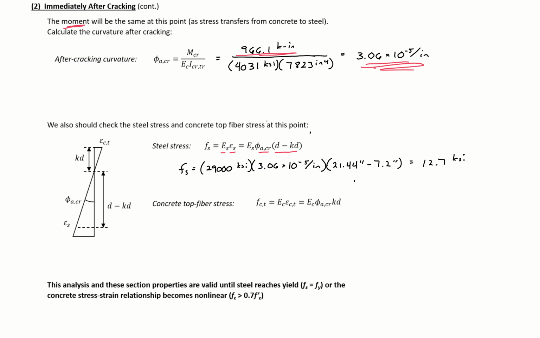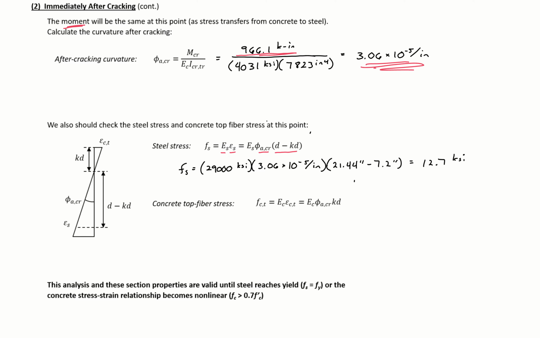So we can see that our steel stress goes from 3 ksi before cracking to 12.7 ksi after cracking. This is the effect of our stress being transferred from our uncracked concrete to our steel after cracking. We can also calculate our concrete top fiber stress.